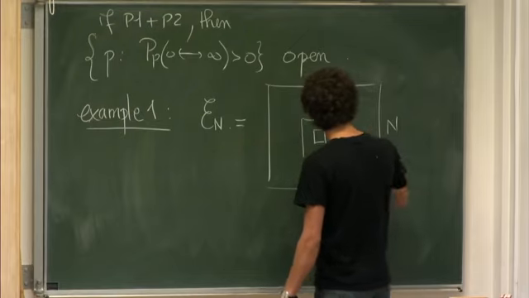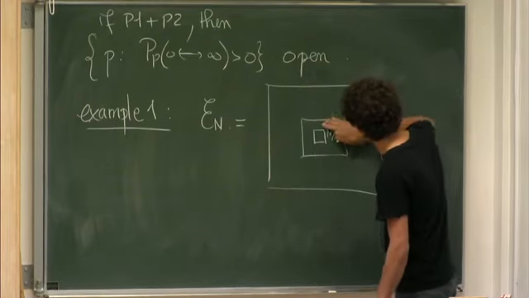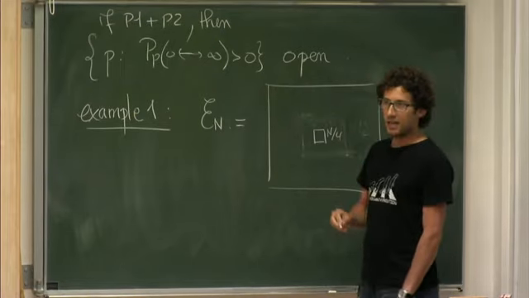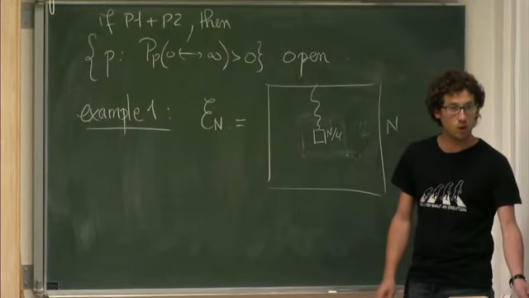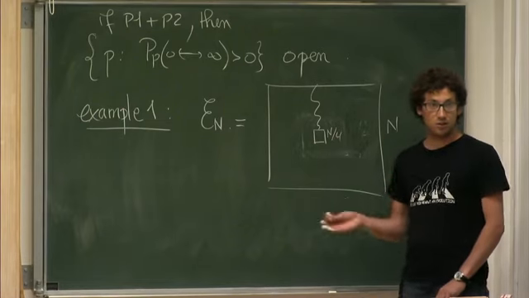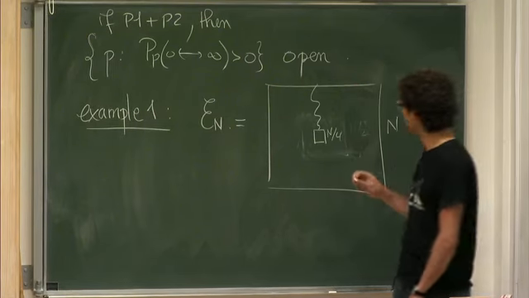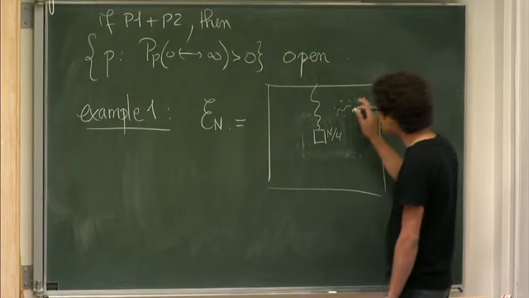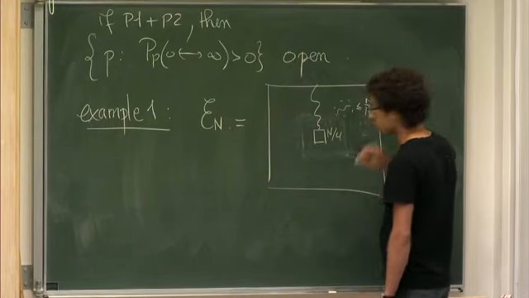And let's assume that the event En is that there exists a path from the small box to the big box, and that the second biggest cluster in this box is very small. So imagine the second biggest cluster has radius smaller than, say, n over 10.